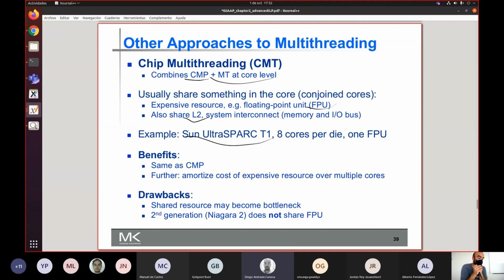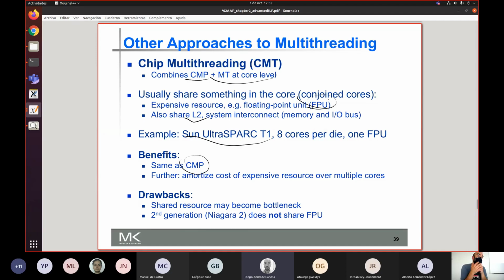The benefit of this, beyond the benefits that were already mentioned for CMP, is that as they also share the costly units like the floating point unit, you have a better utilization of the resources.